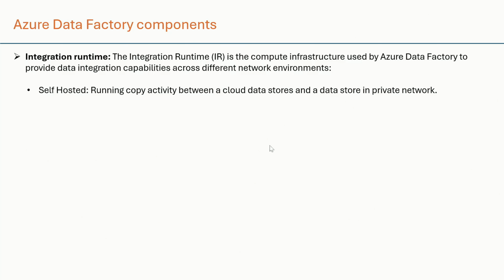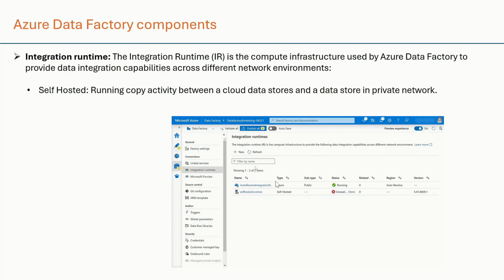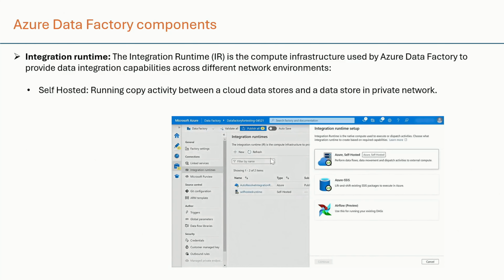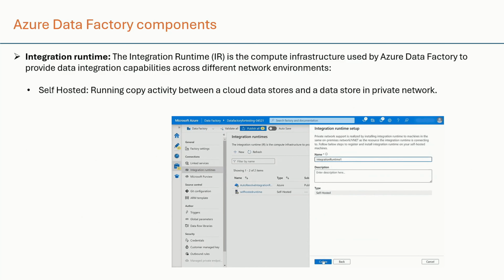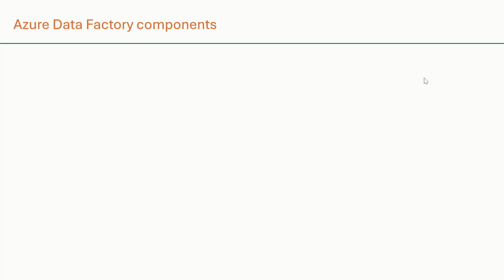But there are some other types of integration runtime as well. This is how it is done, first of all. You create an integration runtime. You go to the self-hosted runtime over here, as you can see, for on-premises or private network, and then you click on continue. This is how you will create an integration runtime in your Azure environment first. All right.